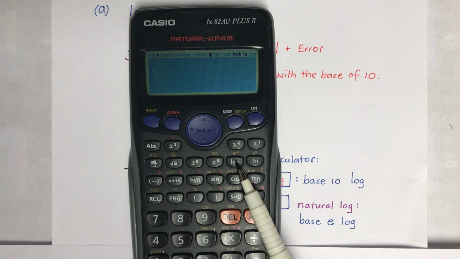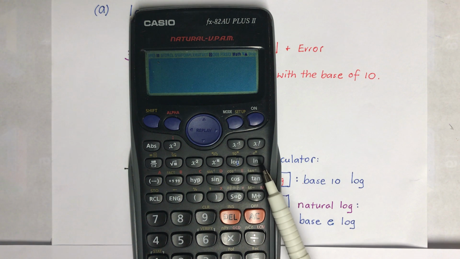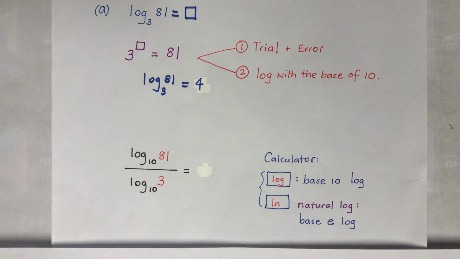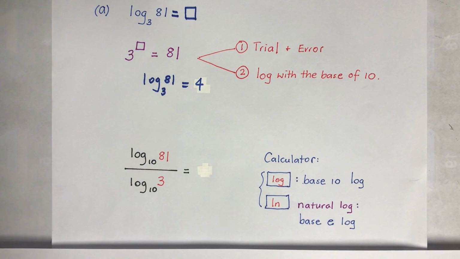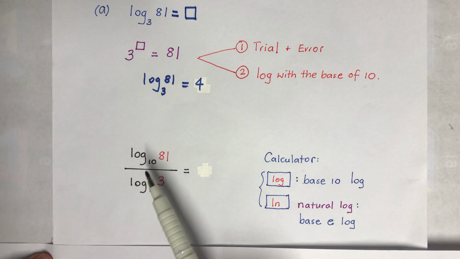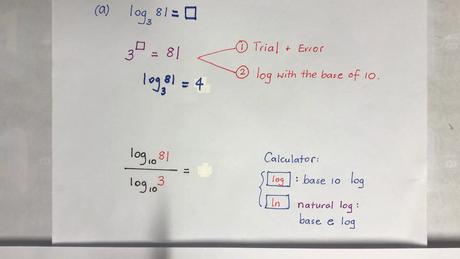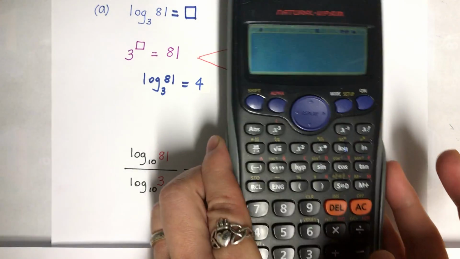That's a log with base 10, and that is log with base e. ln is the natural log, we call it, because it's base e. So I'm changing into base 10.